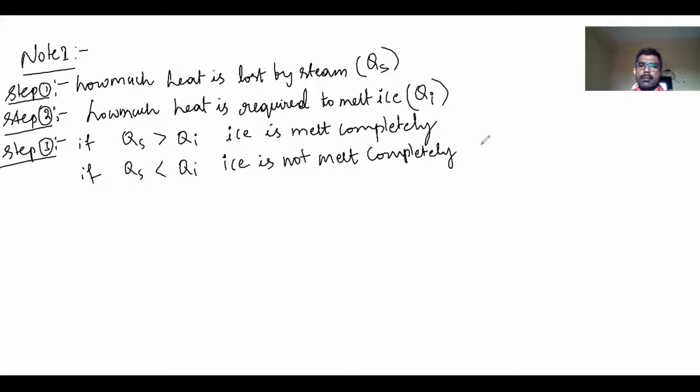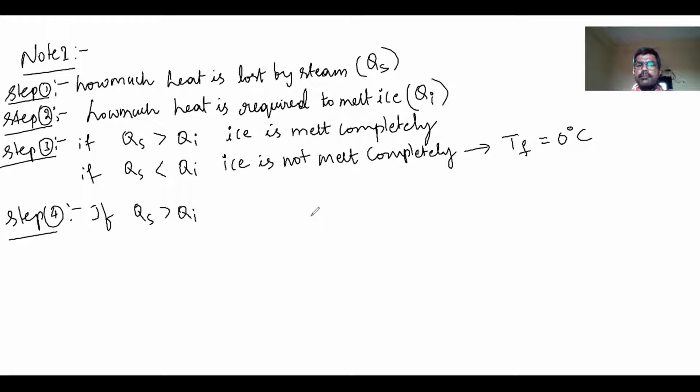If ice is not melted completely, final temperature will be definitely 0 degrees Celsius. Remember that. Now step 4. If Qs is greater than Qi, ice melts, and finally there will be water.